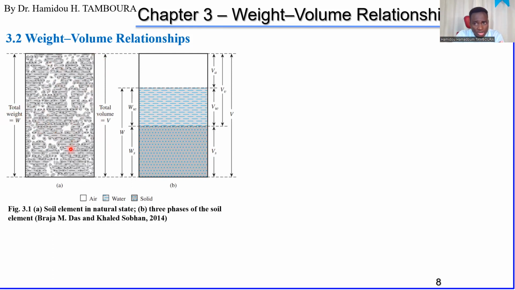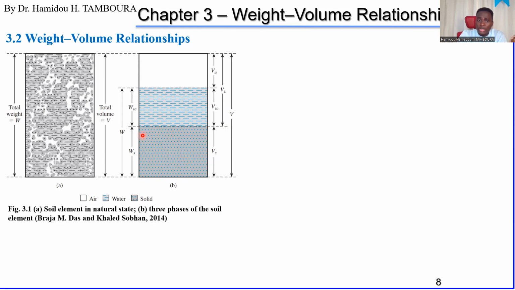What we will do is take the soil sample, the soil mass, and separate the void, the air in the soil, which we put up here. The water in the soil mass, we put here. And the soil particles themselves, we put here.